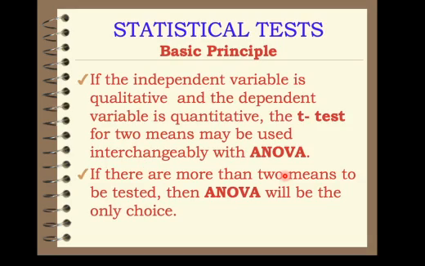Now, if the independent variable is qualitative and the dependent variable is quantitative, then t-test for two means may be used interchangeably with ANOVA. But if there are more than two means to be compared or tested, then ANOVA will be the only choice. Later on, we'll give examples.